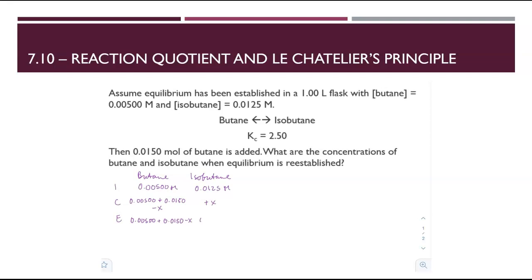And for isobutane at equilibrium, we have our initial plus the new amount that is created by establishing equilibrium.